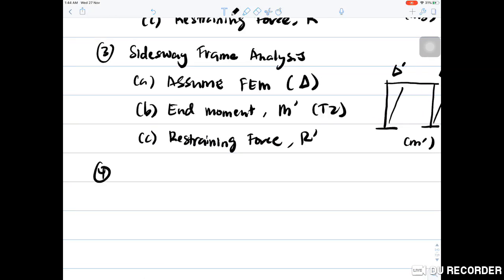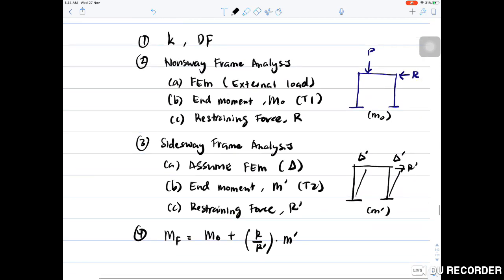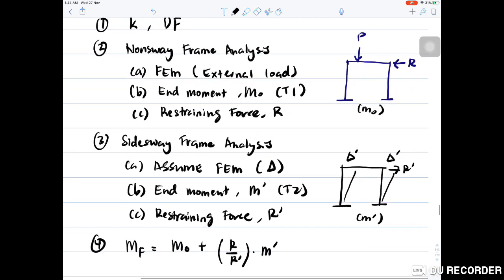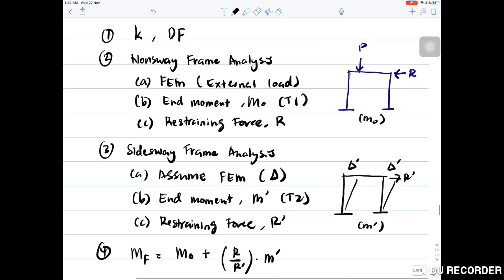Okay, and step number 4 is just the formula. It is the final end moment M final, which is equal to M naught plus R divided by R prime times M prime. So this is actually the summary for the sidesway frame analysis.